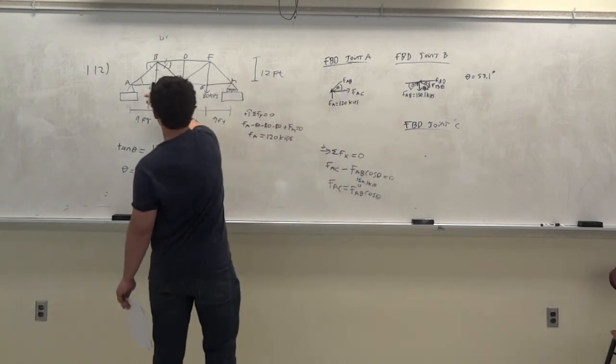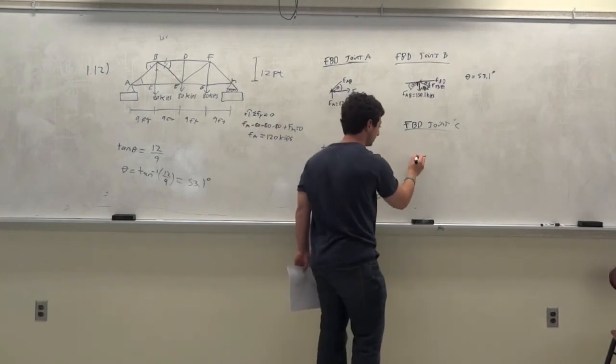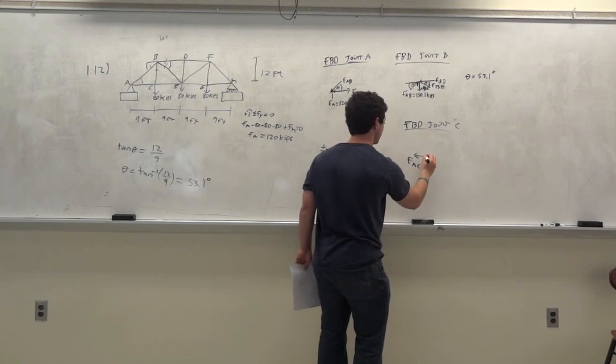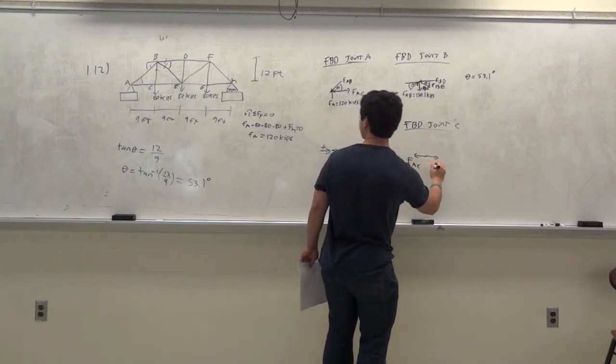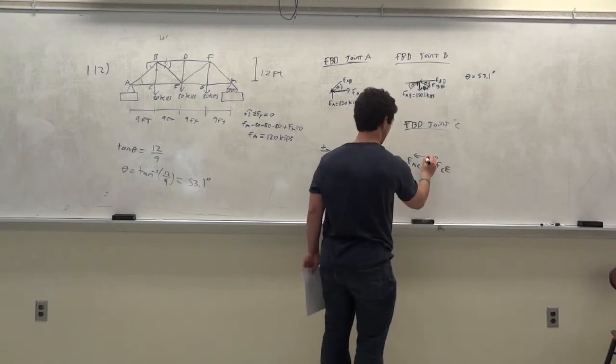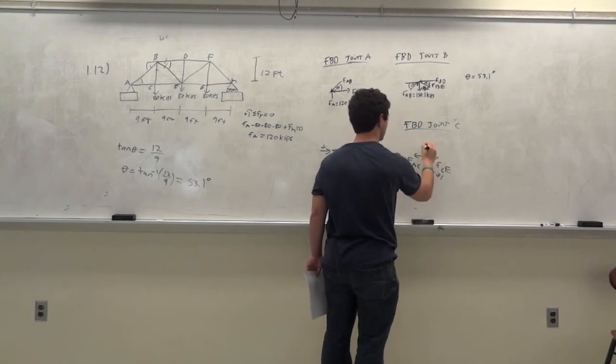Alright, you have this, right? We said this was already going to be in tension, right? So it has to be equal and opposite. It's to the left. This is FAC. This is FCB. And then we got this 80 kip force. So you have to have a force equal and opposite.